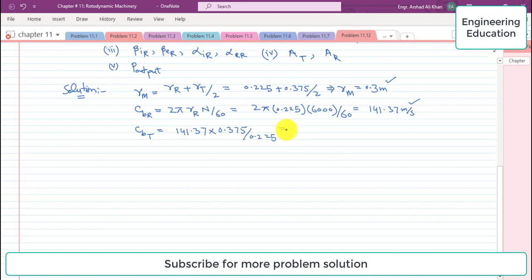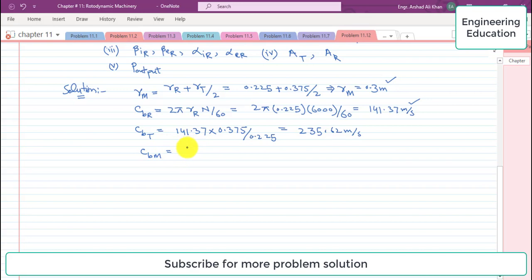So from this we will get the value of blade velocity at tip, CBT, and it comes out to 235.62 meter per second. Also, we can find the value of CBM, which is the blade velocity at mean radius.